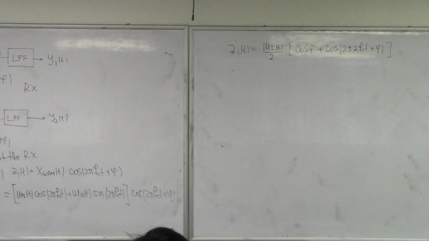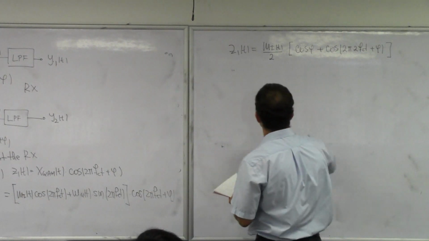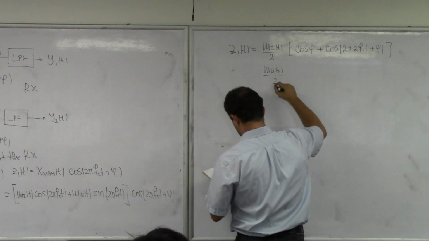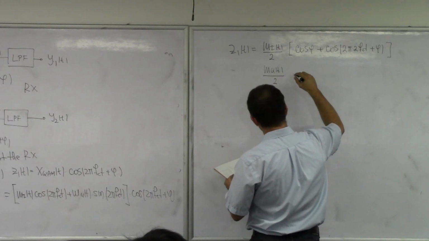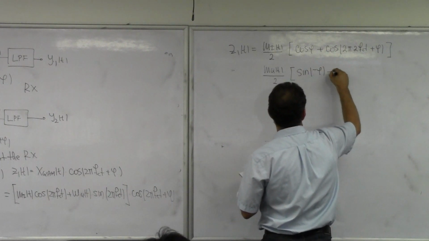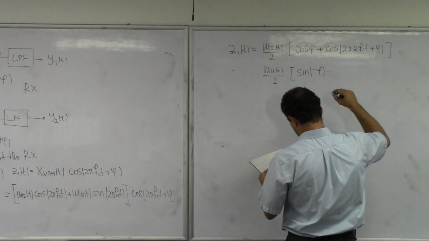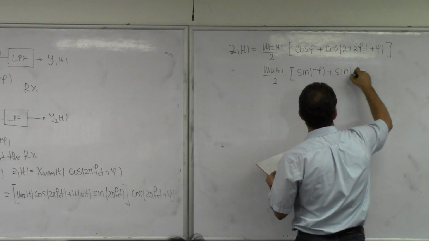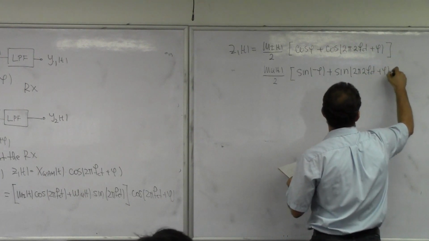The second one, I have sine times cosine, and the second one becomes nq of t over 2 times sine of minus phi plus sine of 2 pi 2 fct plus phi.